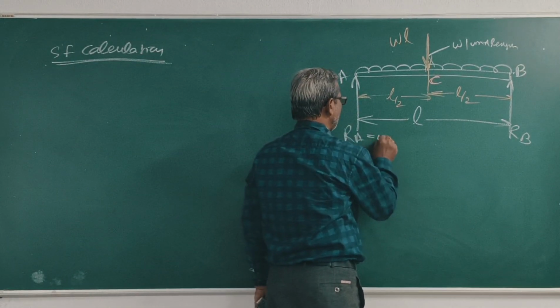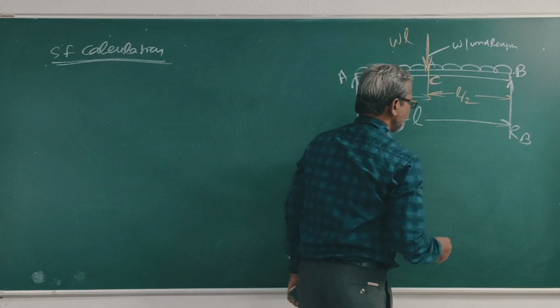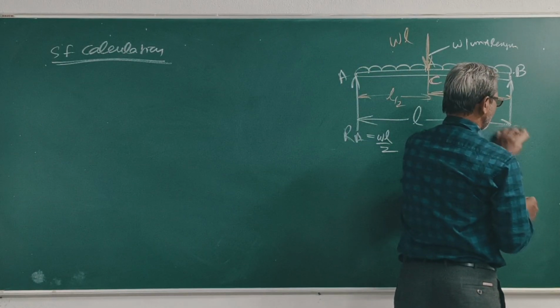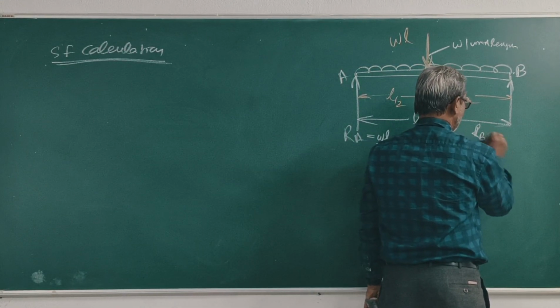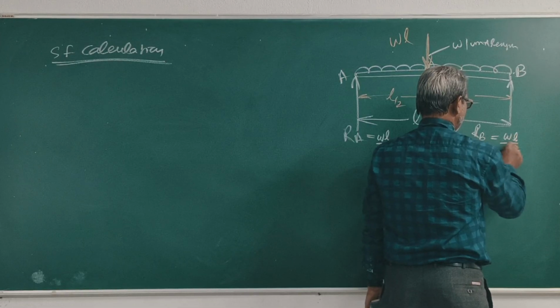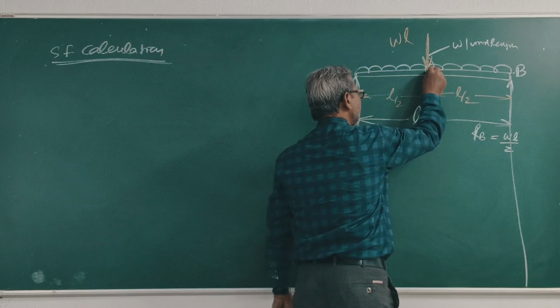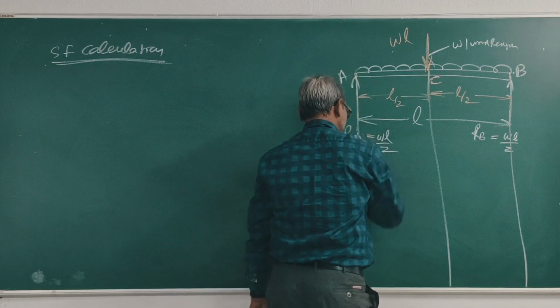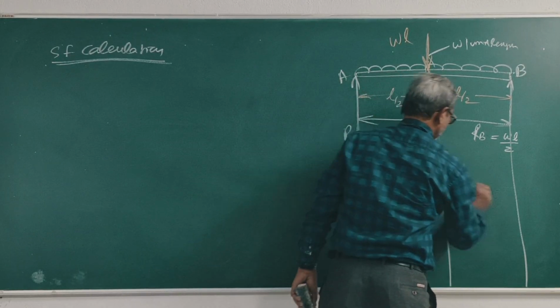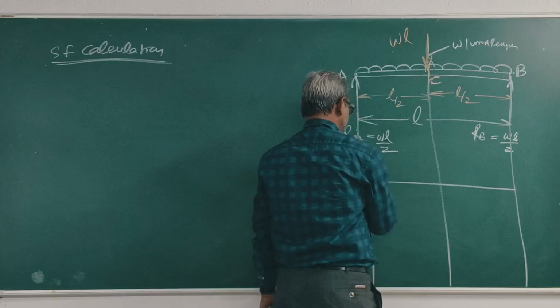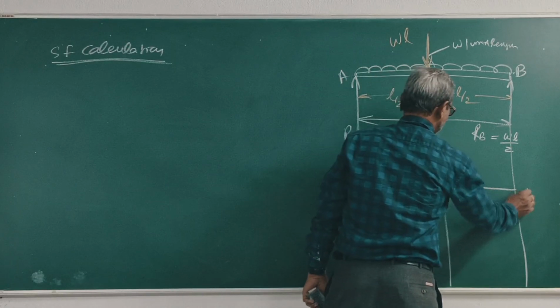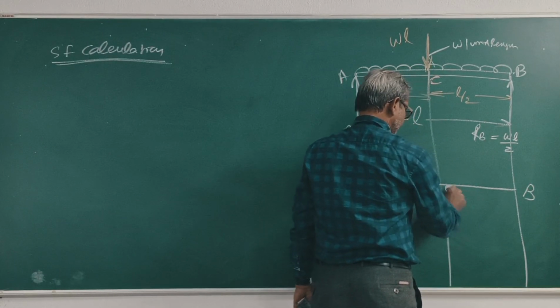This is wL by 2, and this is wL by 2, at A, C, B. Clear?